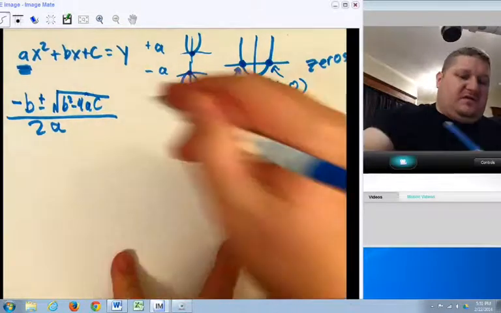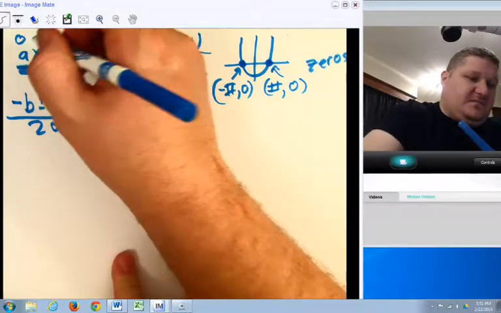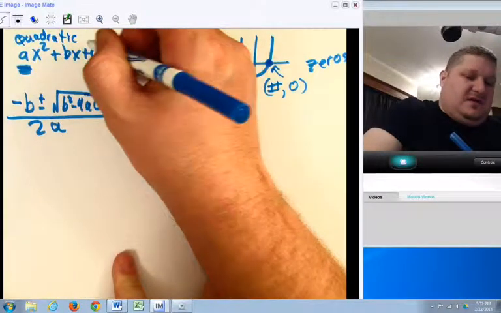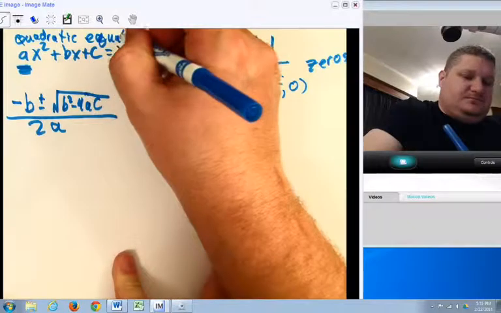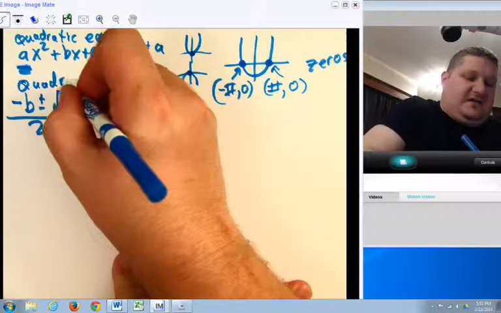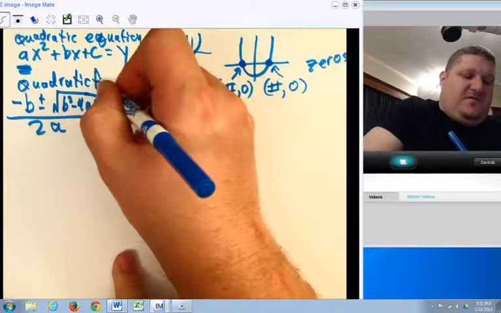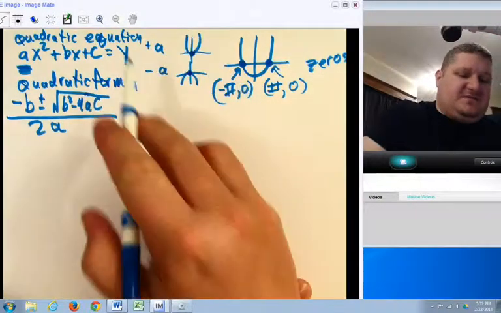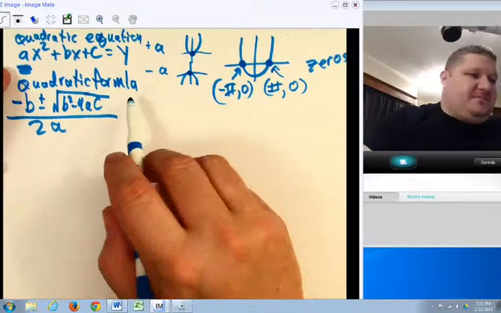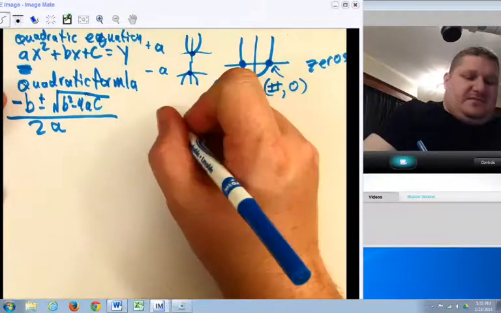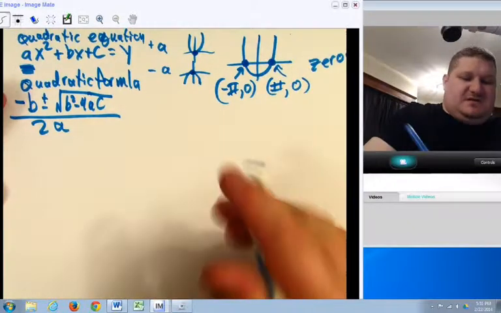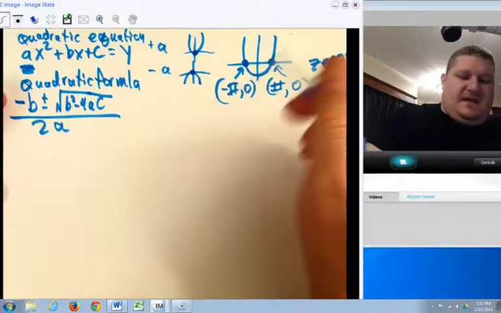Whereas this is the quadratic equation, this is the quadratic formula. The equation has an equal sign, and it's a formula because it's what we're going to put the a, b, and c into. As with everything, the first thing we have to determine is what's a, what's b, what's c? Well, let's find an example here.